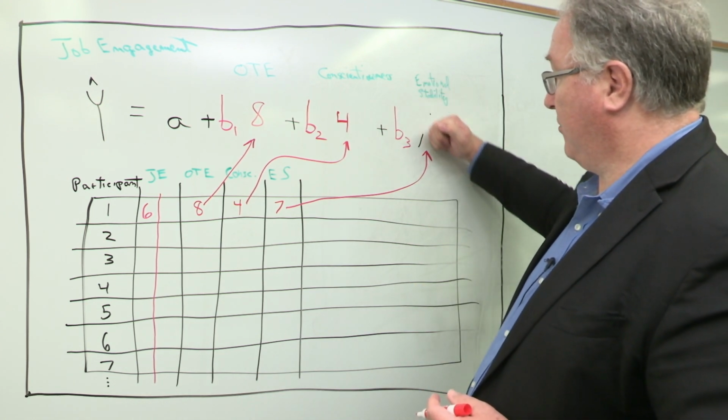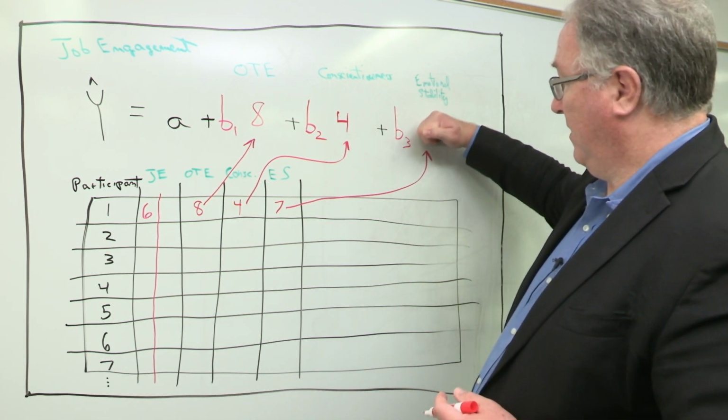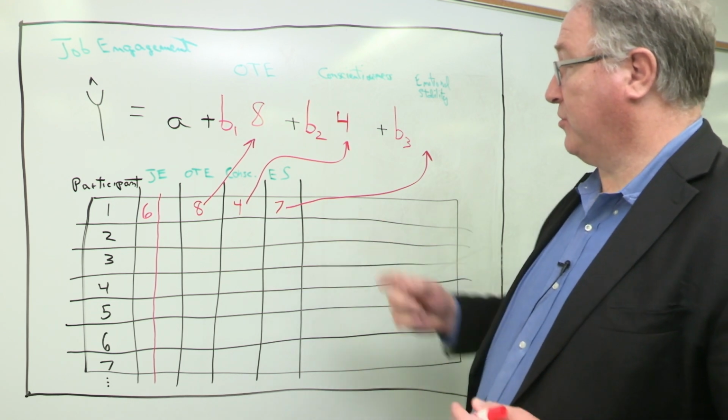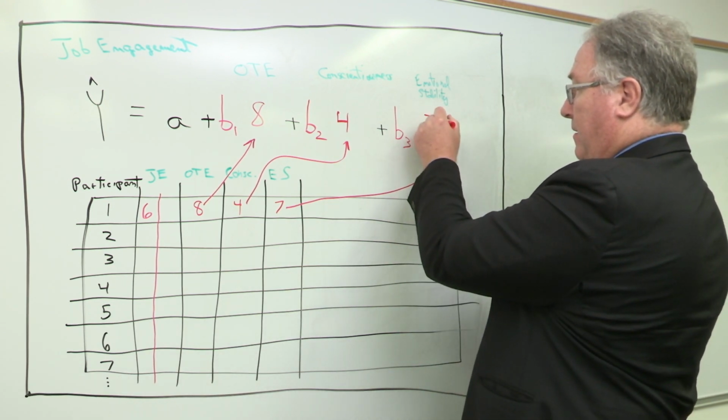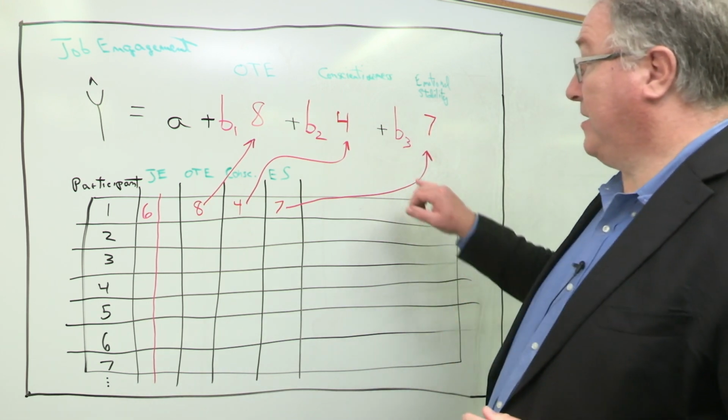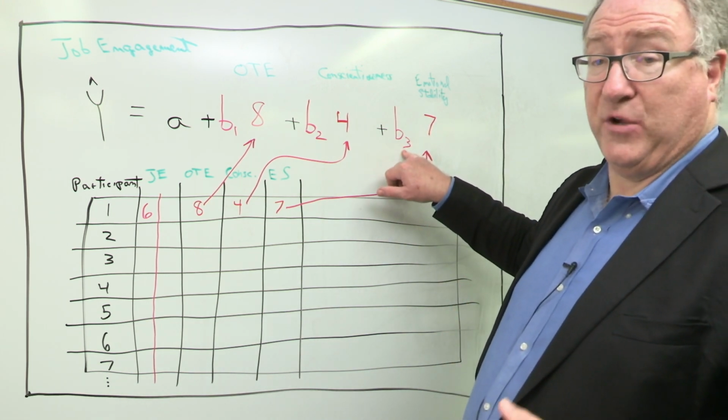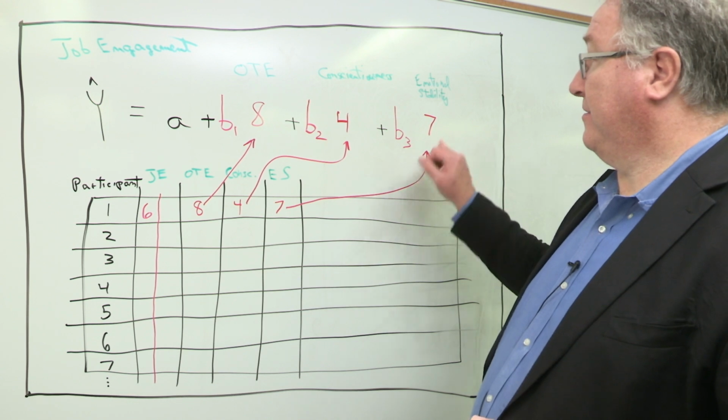And then the same occurs here as well for our third predictor variable, emotional stability, here with that score of 7, times the regression coefficient value, whatever that may be, so that product.